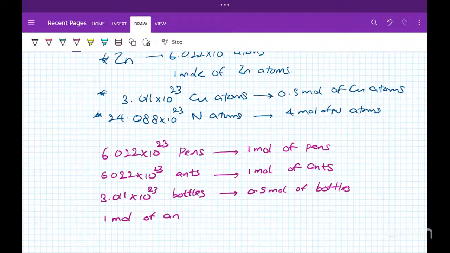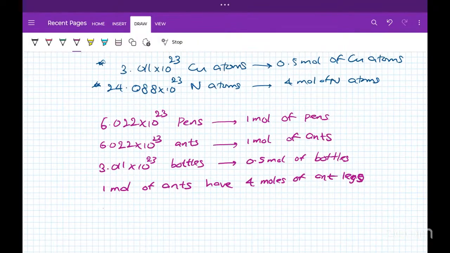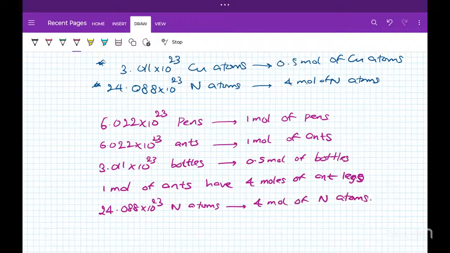1 mole of ants has 4 moles of ant legs. 24.088 × 10^23 nitrogen atoms is 4 moles of nitrogen atoms. Take this down.